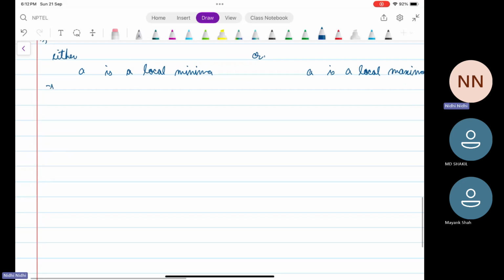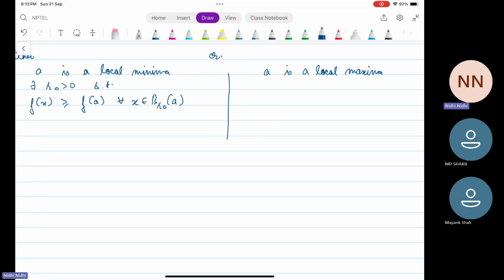Now this will imply that there exists some R naught positive such that f(x) is greater than or equal to f(a) for every x in B(R naught, A), and this will give us there exists some R naught positive such that f(x) is less than or equal to f(a) for every x in B(R naught, A).